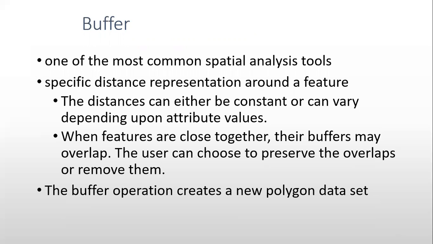This operation is mainly used like this: if you are creating a buffer zone, a buffer between a highway at 15 meters, it means, if you are selecting the linear feature, polyline feature, the highway, we are digitizing the highway, and if you are creating a buffer, it will show 7.5 meters on the right side and 7.5 meters on the left side. So that is why it is a 15 meter buffer.